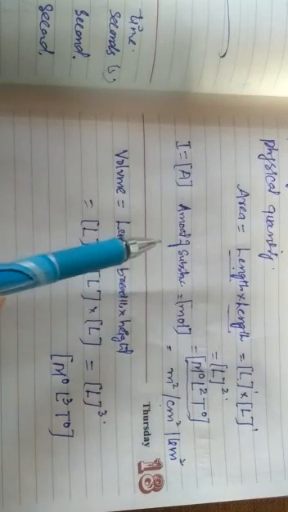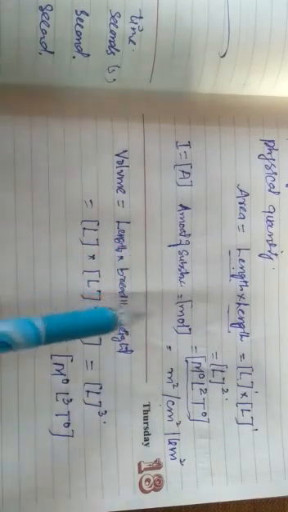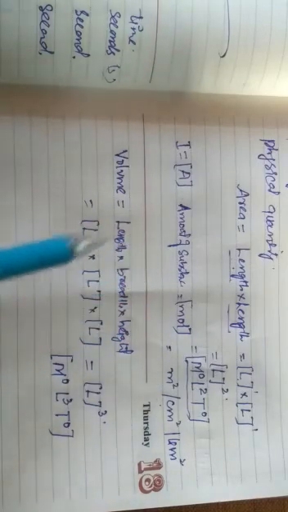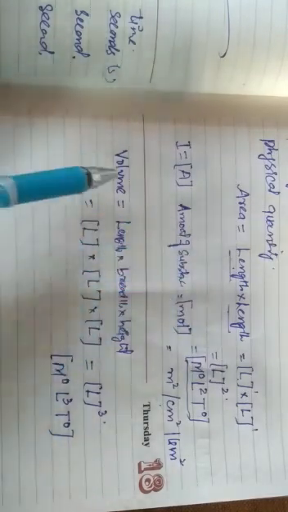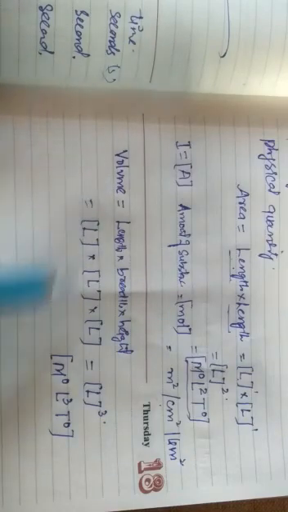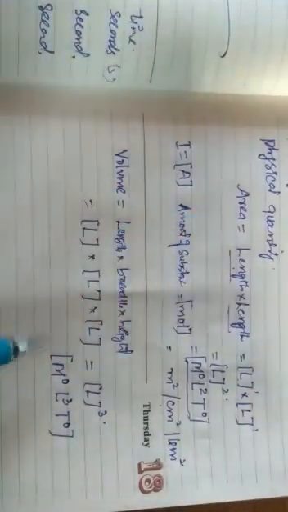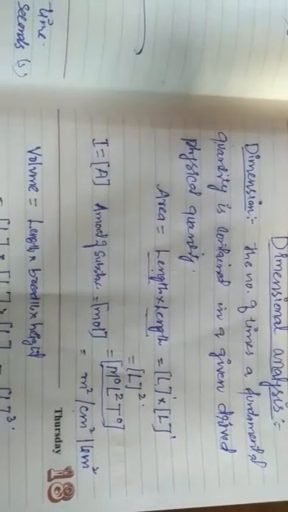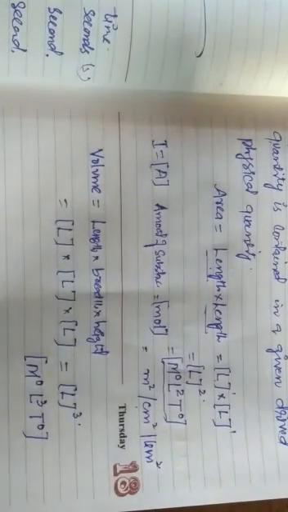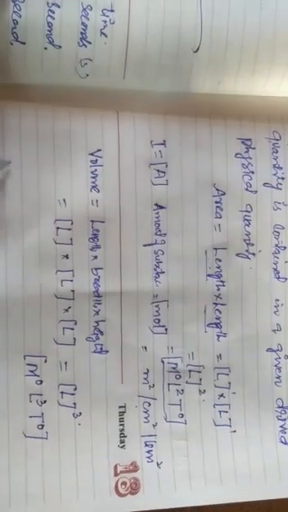So the dimensions of a physical quantity are the powers to which the fundamental quantities are to be raised. Dimension means how many times. Now in volume we have length 3 times. As I told earlier, the number of times a fundamental quantity is contained in a given derived physical quantity is known as dimension.